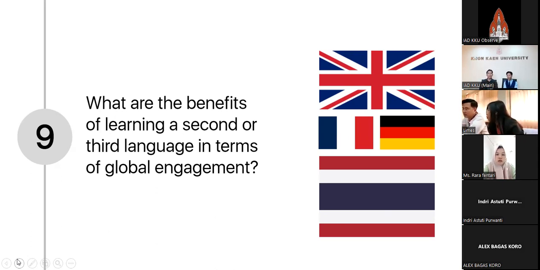But I think if people in a country only speak one language, like English, sometimes it's difficult for them to learn another language. That's why when we start learning the second or third language, it's like opening the door so that you will be able to learn the next language.